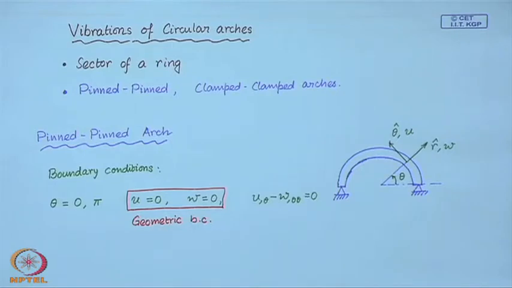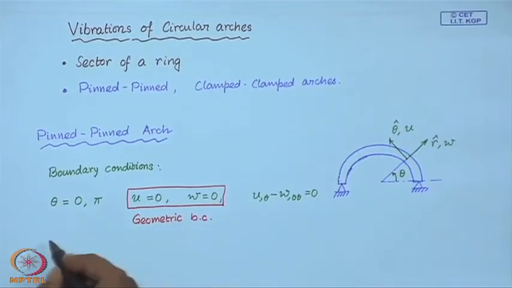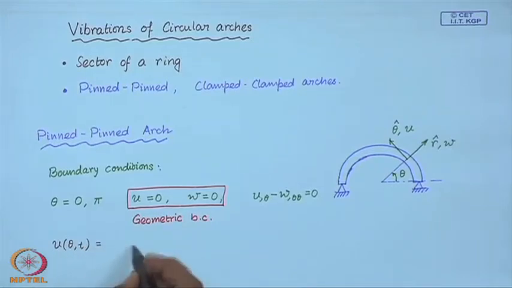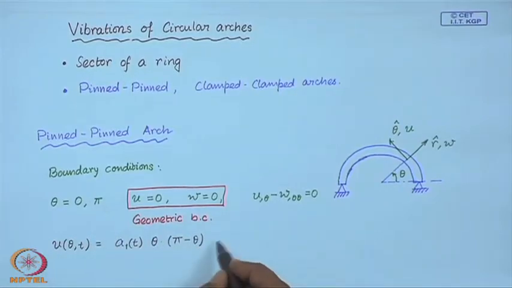Now we have to choose admissible functions. So, we expand our field variables. The way I have chosen for this problem, the first admissible function is 0 at theta equal to 0 and also 0 at theta equal to pi.